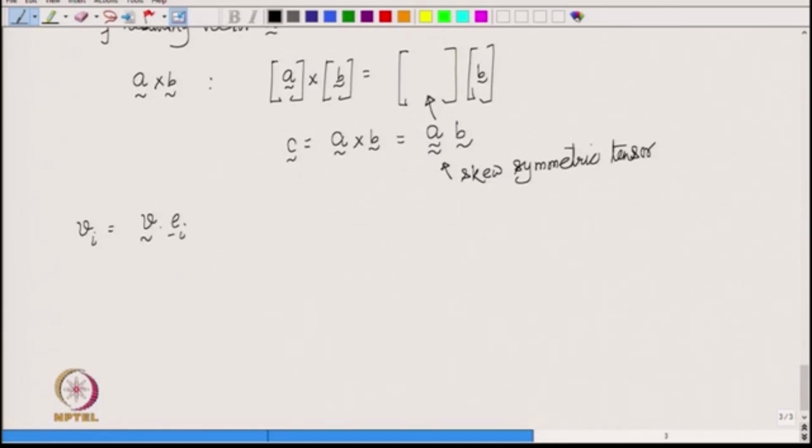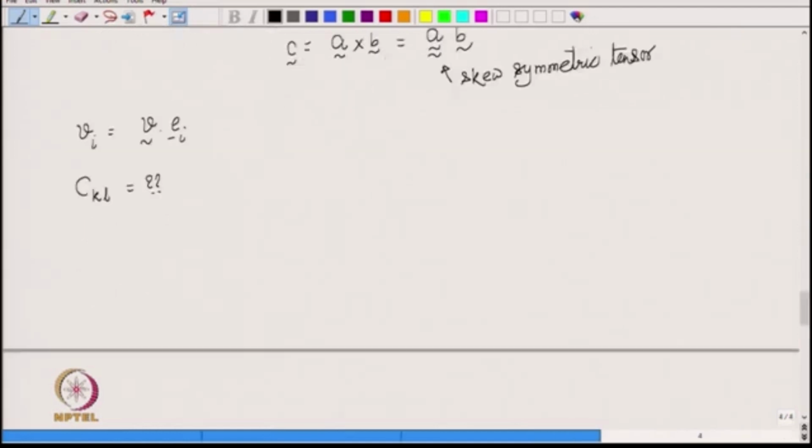For a tensor, if I want to extract the coefficient of the tensor, what should I do? So, C_kl for example, what is its formula?